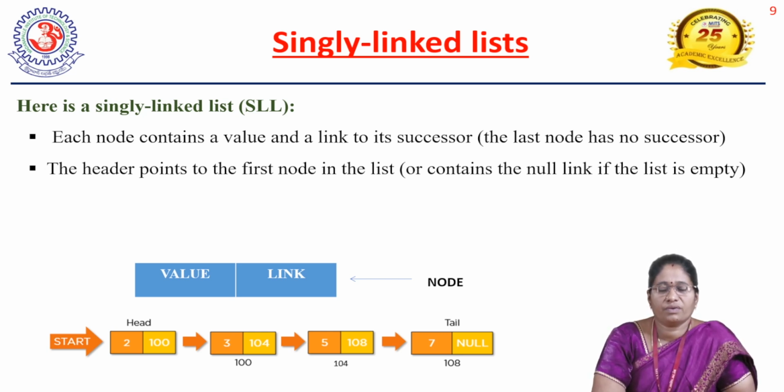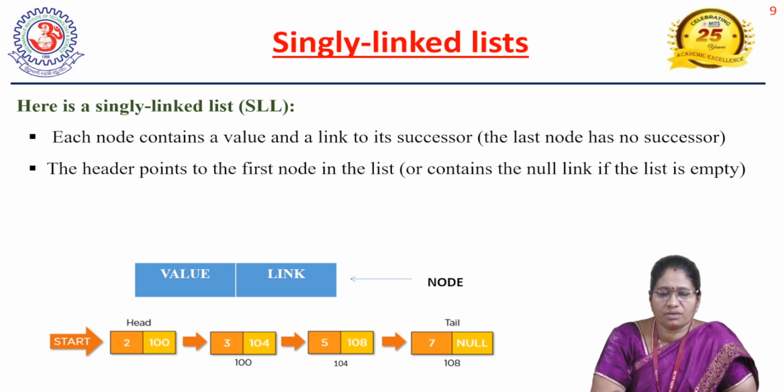Each node contains the value and a link field. With the help of that link field, you connect to your successor. That is the working methodology used in a singly linked list.